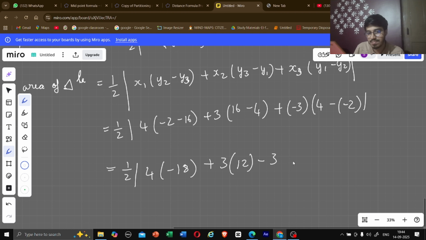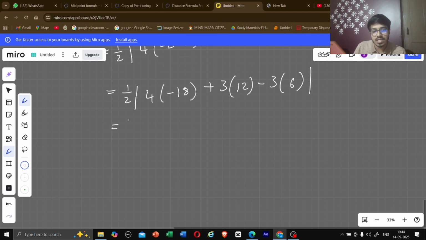Minus 3 into minus, it will be plus, so 4 plus 2 is 6. So area of triangle is half into modulus of minus 18 into 4, which is minus 72, plus 3 into 12 is 36, minus 3 into 6 is minus 18.